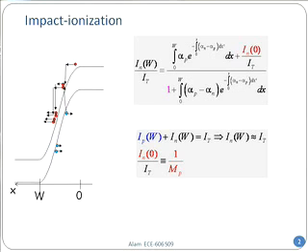So I am writing it I_T. Now look at what I did next. What I said is that I can drop I_P of W, the hole current at the end of W. Is this correct? This may be correct because you see current is constant and the electron current has grown a huge amount by the time it has reached W after all this impact ionization.